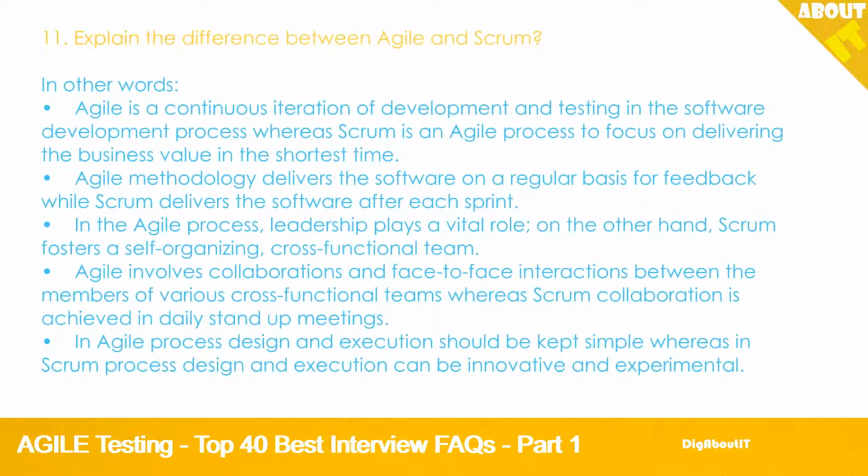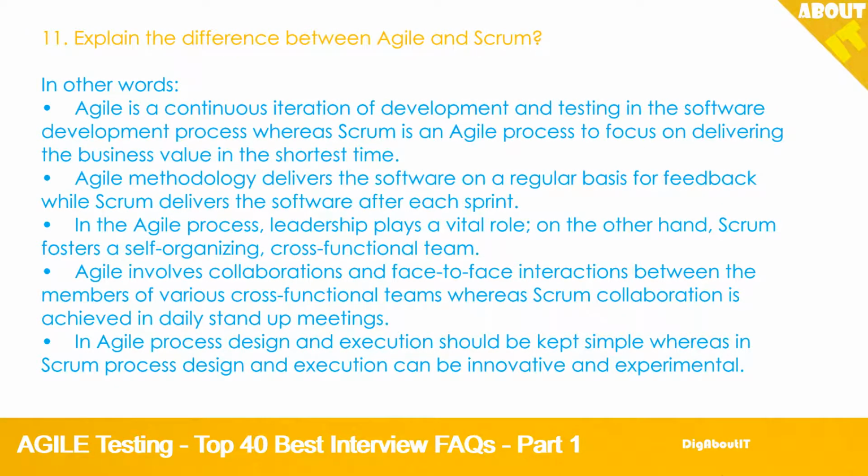In other words, Agile is a continuous iteration of development and testing in the software development process, whereas Scrum is an agile process to focus on delivering the business value in the shortest time. Agile methodology delivers the software on a regular basis for feedback, while Scrum delivers the software after each sprint. In the Agile process, leadership plays a vital role.